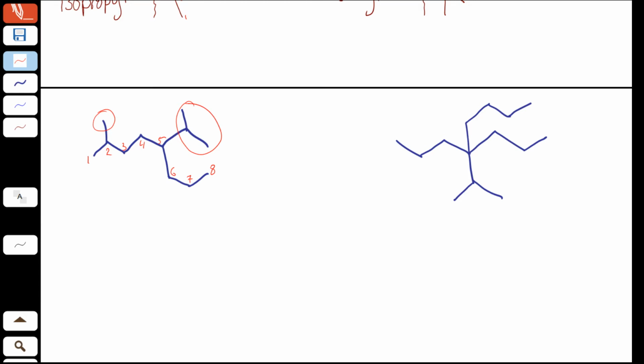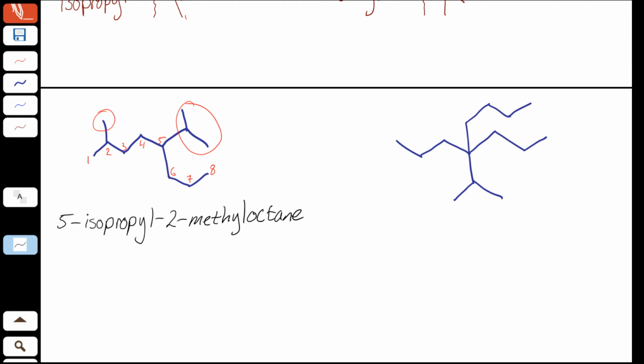So I for isopropyl comes before M for methyl. So we usually call this 5-isopropyl-2-methyl octane.